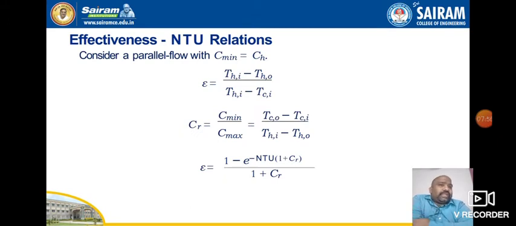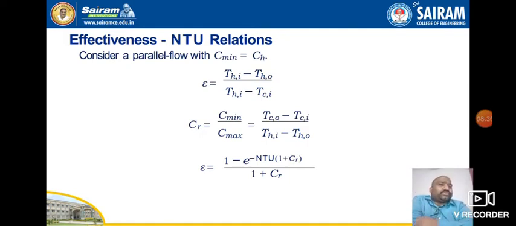Now the relations between effectiveness and NTU are like this. If you consider parallel flow, C minimum is equal to Ch, the specific heat of the hot fluid, and epsilon, that is effectiveness, is equal to Thi minus Tco divided by Thi minus Tci. If you calculate the ratio of the specific heats, C minimum divided by C max, then epsilon is equal to 1 minus e to the power of minus NTU into 1 plus Cr, divided by 1 plus Cr. These equations are not necessary to remember, as they are available in the heat transfer data handbook.